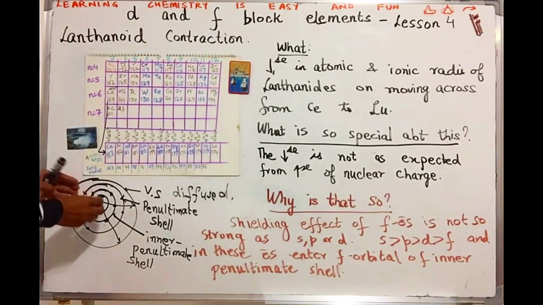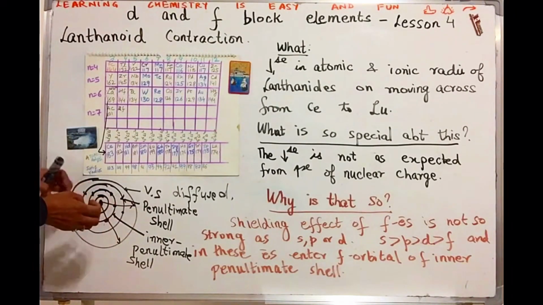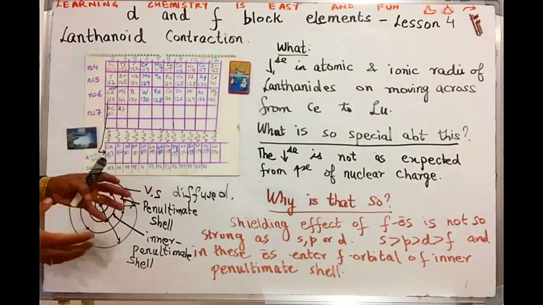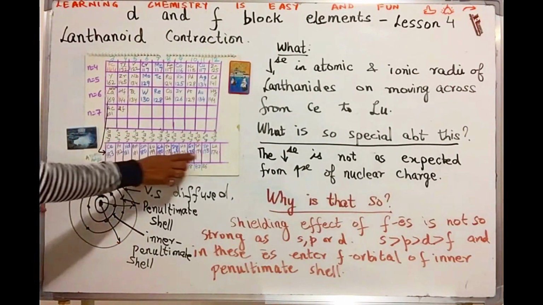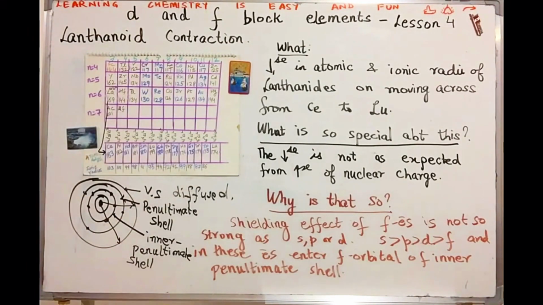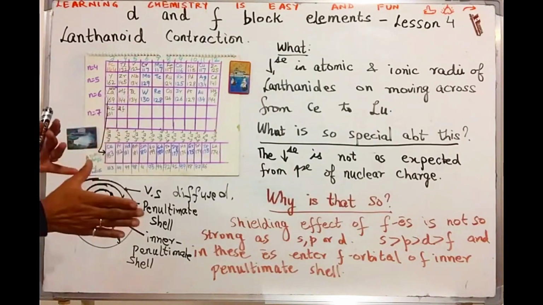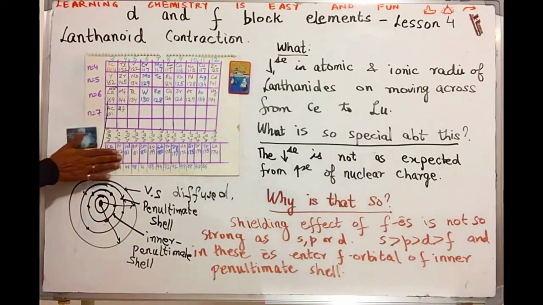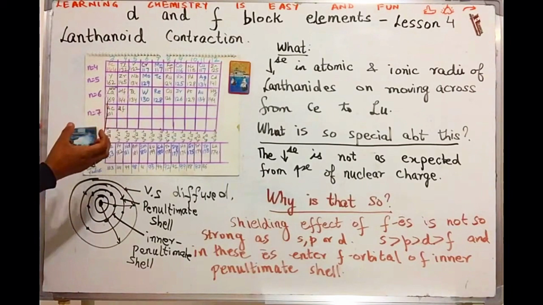So the nucleus is able to pull the electrons inside, but not as strongly. With the result, we notice that the two effects, the shielding effect and the nuclear charge, are balancing each other, causing the elements in the F block to be closer in size.